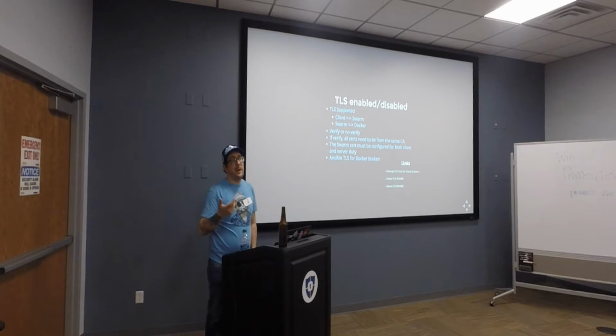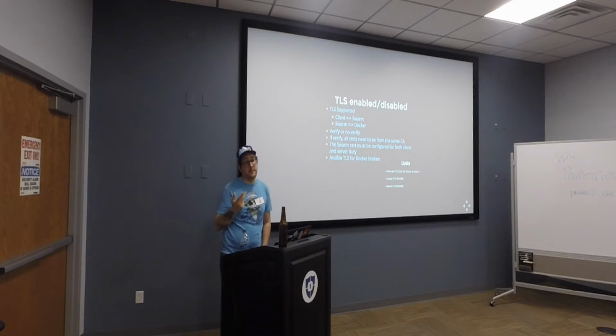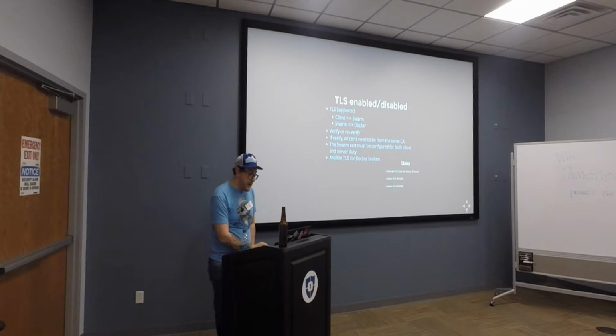Now, the way Docker establishes its trust is, sorry, let me back this up. There are two classes of certs in this as well. So in your client to Swarm, you have a client certificate. This is basically an extended attribute on your certificate that says I am valid for client authentication. So that client cert is used for you to connect to Swarm.